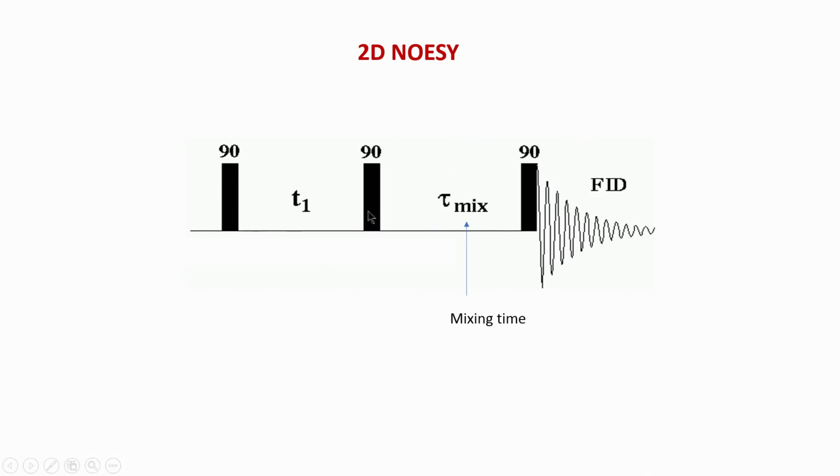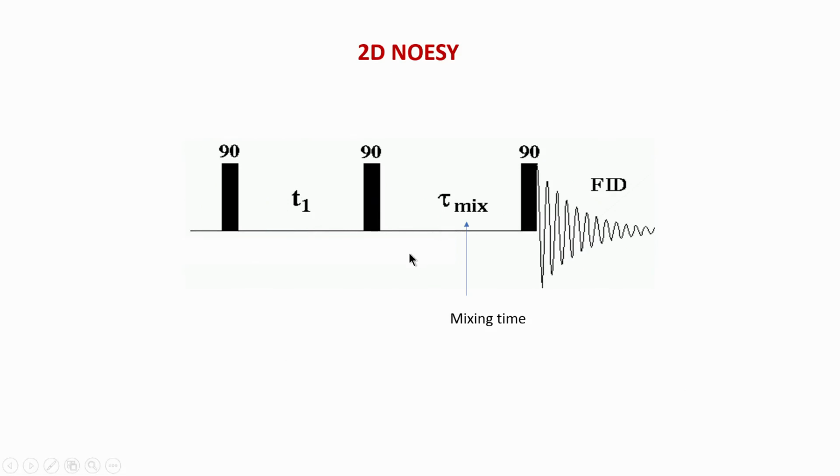Here we saw that you have 3 90-degree pulses. The first pulse brings the magnetization to the xy plane, and then the magnetization starts evolving. During that period we gather the chemical shift of each hydrogen nucleus, that is cosine omega T1 or sine omega T1. Then this pulse inverts the magnetization and it goes to the z axis or minus z axis, all the protons.